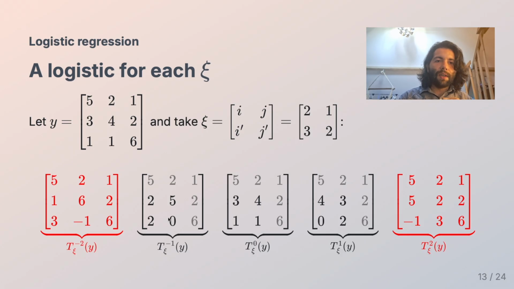But the interesting thing is, if I apply the transformation many times, in this case, if I apply the transformation 2 times, I will eventually get a negative number. And the same holds in the other direction. If I apply the inverse transformation enough times, I will end up again with a negative sign.